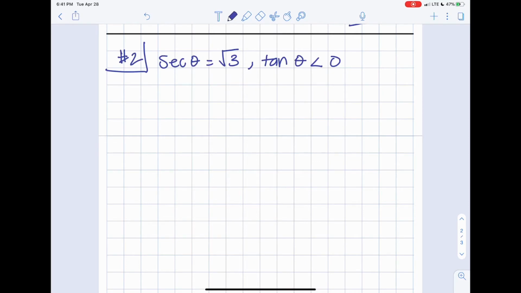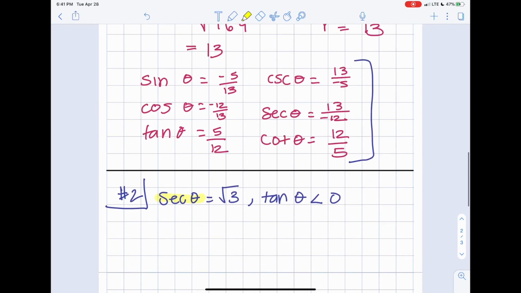Before we actually do the first step, I want to remind you, don't be scared. I meant to highlight: don't be scared because it's secant of theta and not the more common trig functions that we've been using. Just remind you that secant is the reciprocal of cosine.